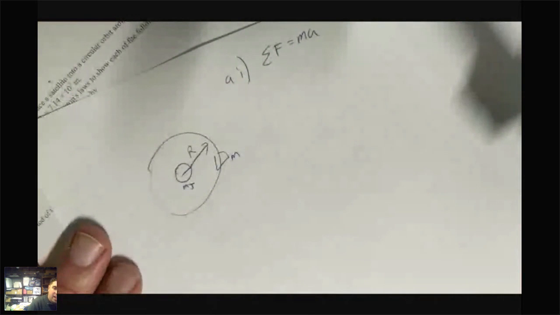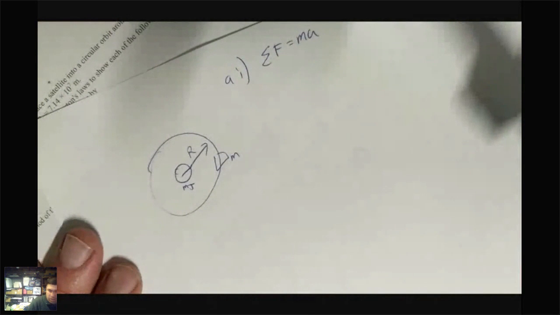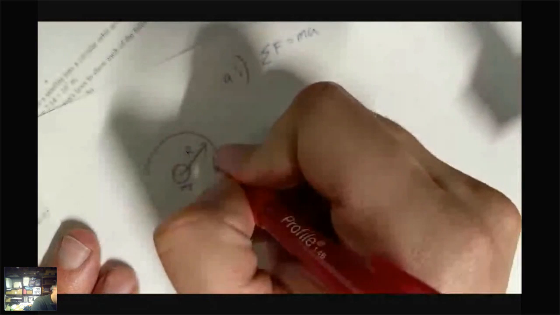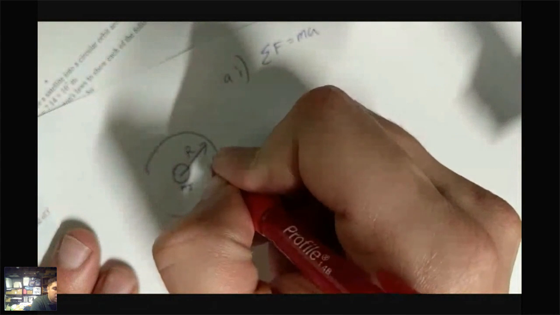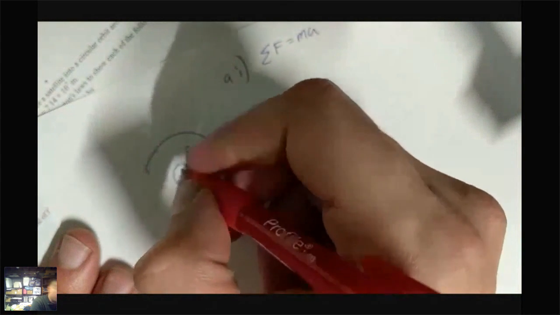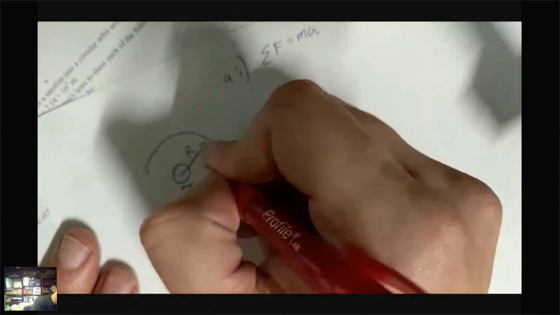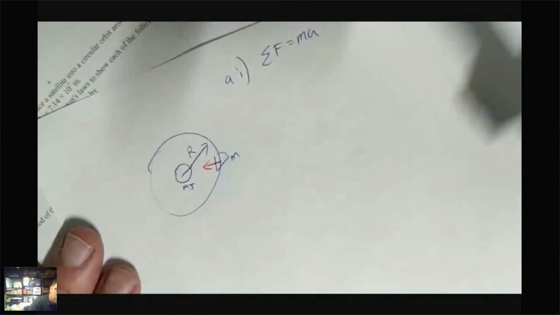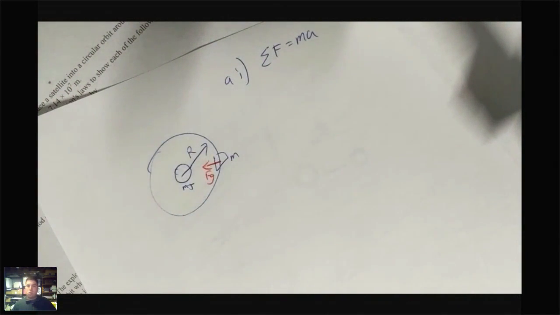So I guess the next question is, which forces act on our satellite? How many forces are there on this satellite sitting in space? Well, we can definitely say that there is a force of gravity, and gravity is going to be pulling our satellite inward towards the center of that orbit.